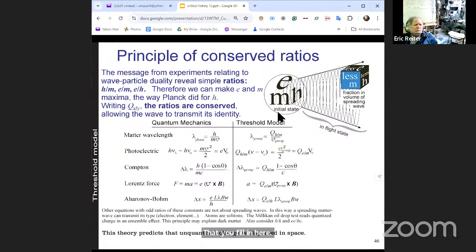There'll be a property of the wave that you fill in here. And there may be other properties of the wave, but I'm giving a good starting point and how to connect it to other experiments to see this symmetry in our equations that have these ratios and how to read the equation of these experiments, where it's not necessary to be quantized to show the wave effects as to what goes across space because of this ratio of the property of the wave that gets conserved.